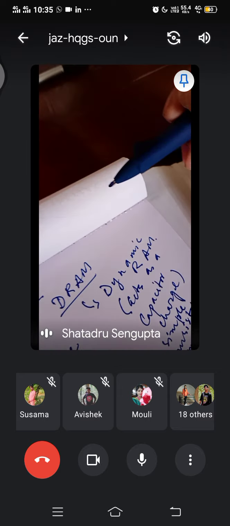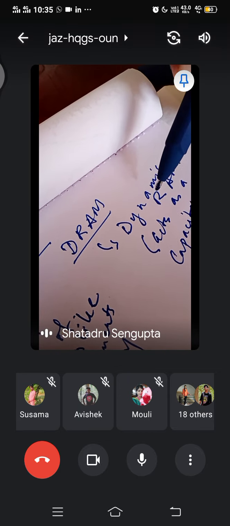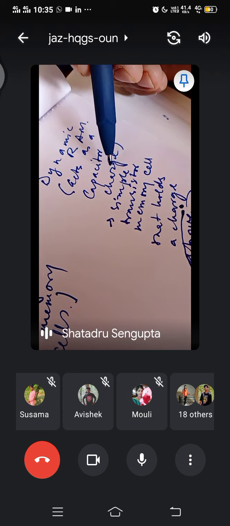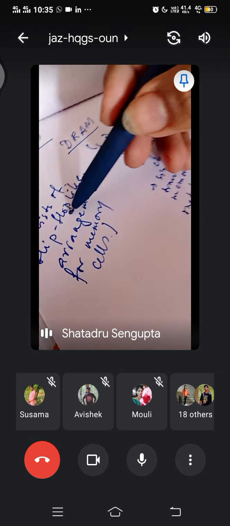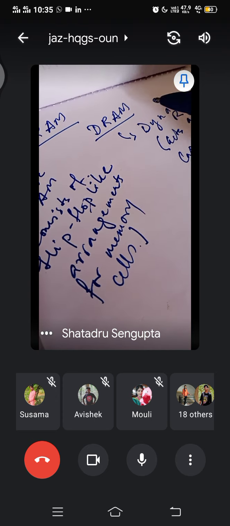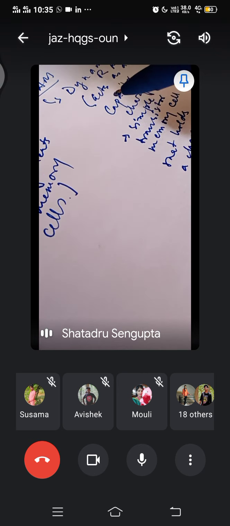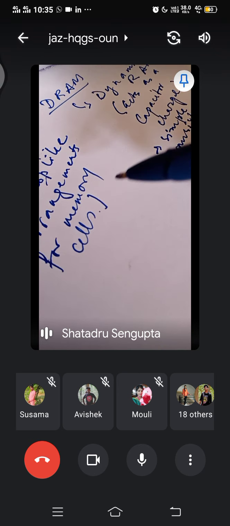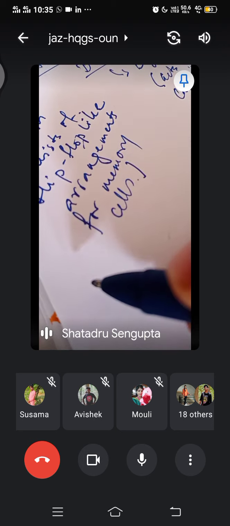So it's a very simple device, but as you can imagine, it is not as reliable as SRAM. DRAM is cheaper to make, whereas SRAM is reliable but expensive.